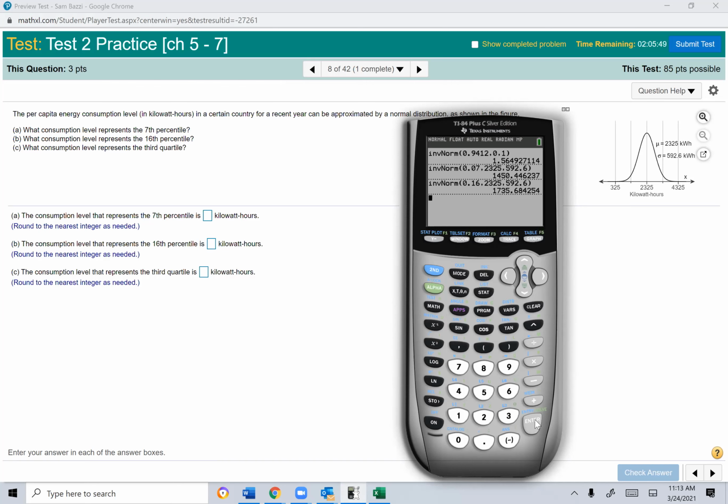What consumption level represents the third quartile? Who can tell me what the third quartile means as a percent? What is the third quartile as a percent? 3/4.